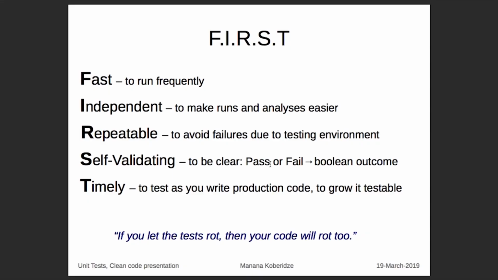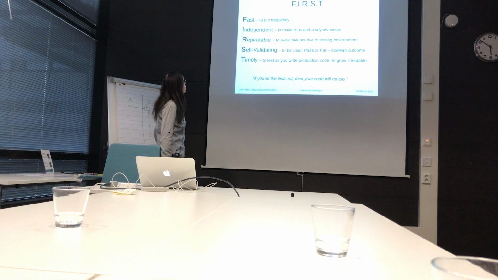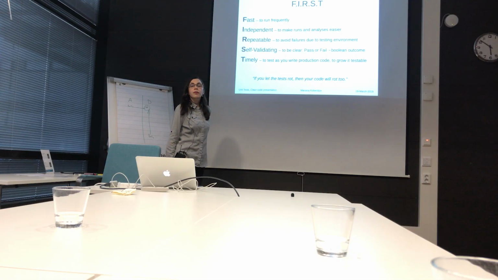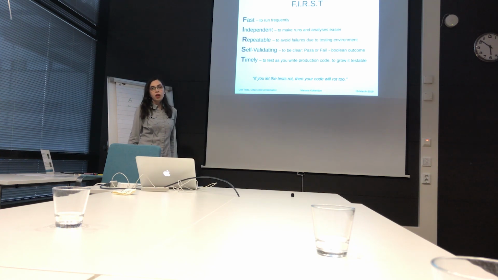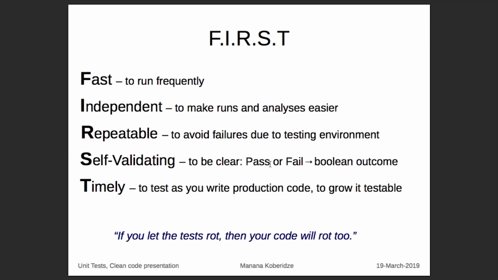And in the end, let us keep the first principles in mind. F for fast: we need a unit test to run frequently, practically after any small increment, to make sure that we have not broken our code. So we need to run it frequently, therefore it should run fast.